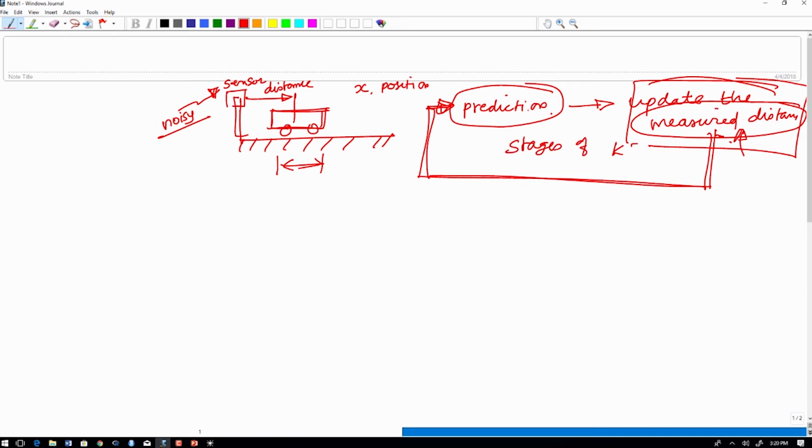In this example, suppose the vehicle has moved a little ahead, then again we have this sensor, and the measurement it gives, since it is noisy, is modeled as a simple normal distribution.